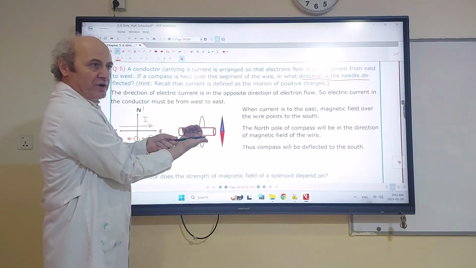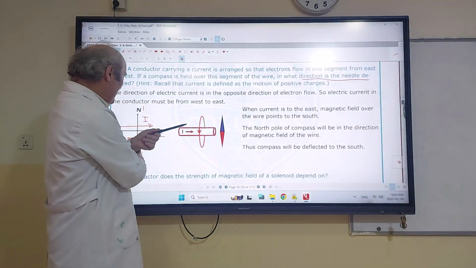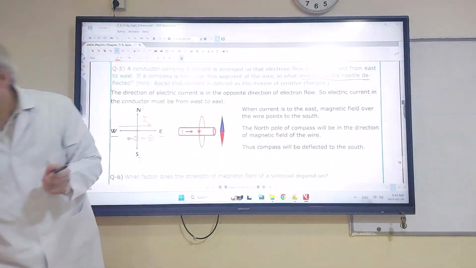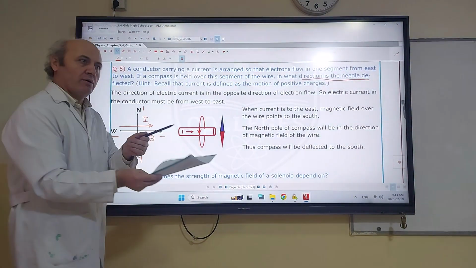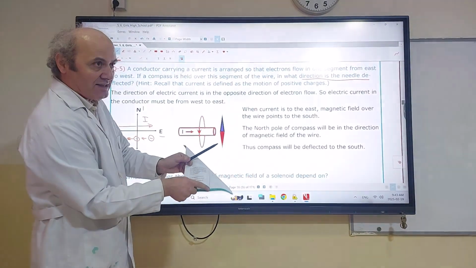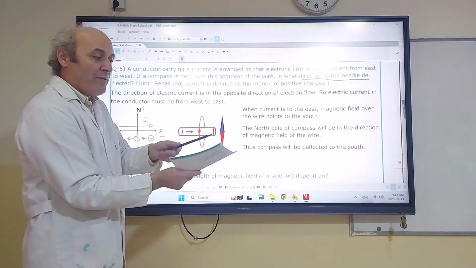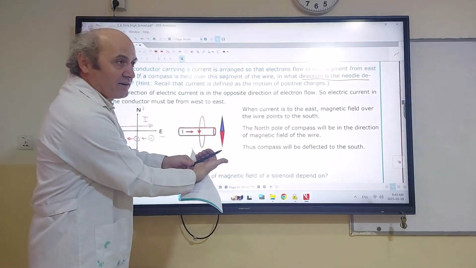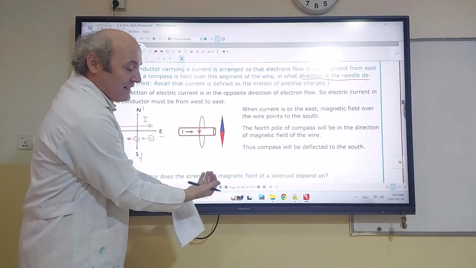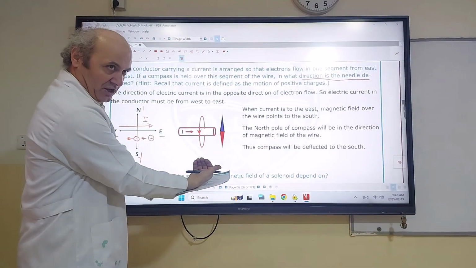When you keep it over, your fingernails point this way, which is going to be south according to the page, because my board is vertical but the page is horizontal. This is south, this is north, this is east, this is west. When we hold it like this, your fingernails point south of this direction set, okay?